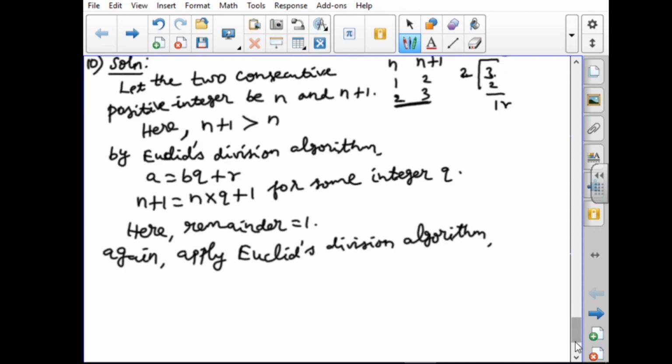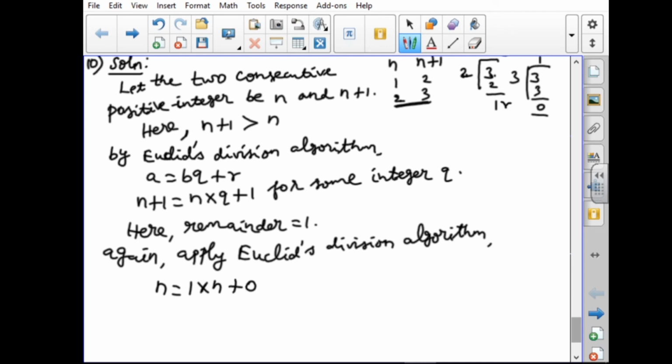Now this is the divisor, so we have to take that as the dividend. So n is the dividend and the remainder 1 is the divisor. When we divide the same way, the remainder will be 0. So n = 1 × n + 0.